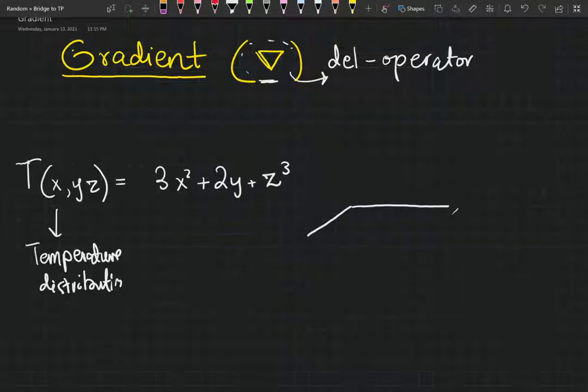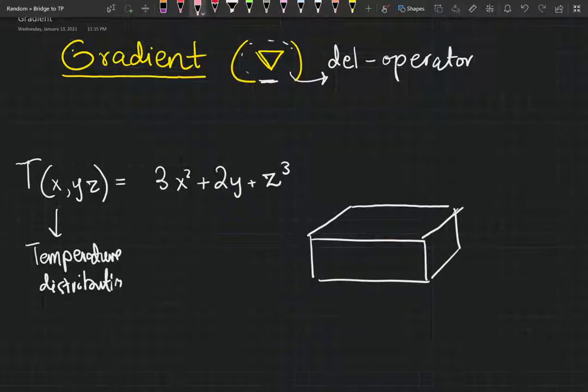Now this equation, T, which is a function of x, y, and z, is equal to 3x squared plus 2y plus z cubed. That represents how the temperature varies.